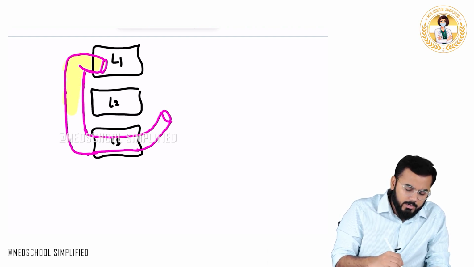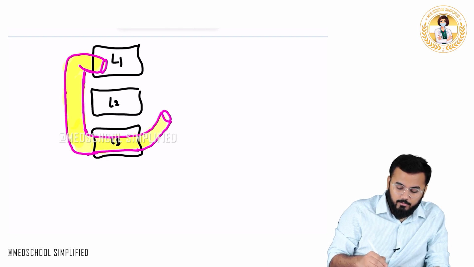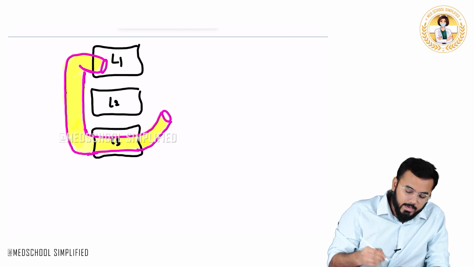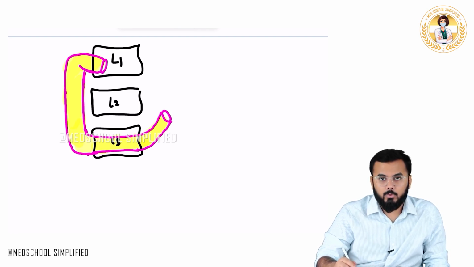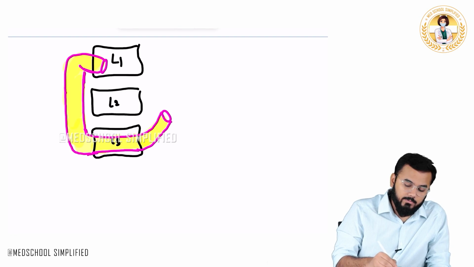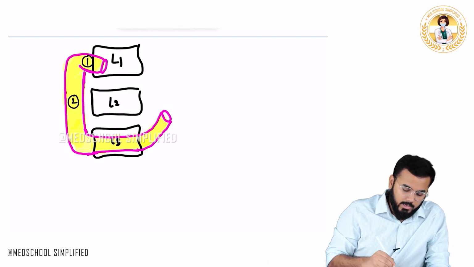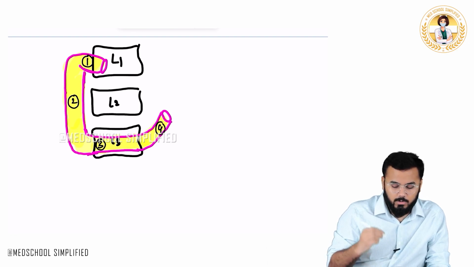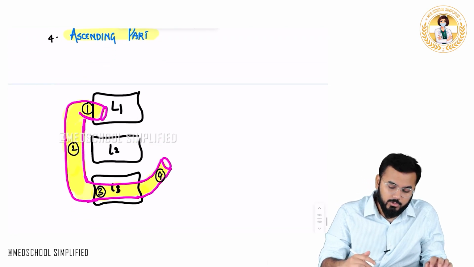So the first part is located in L1, the second part is located in L2 and L3, the third part is located in L3, and the fourth part goes up again after that. So this is your first part, this is your second part, this is the third part, and this is the fourth part of the duodenum.